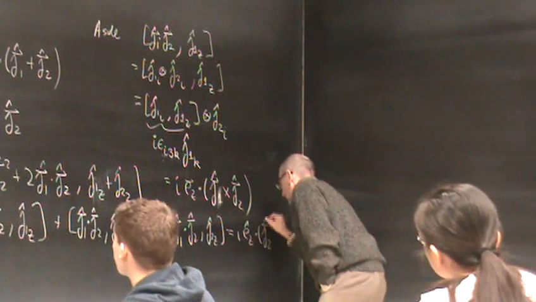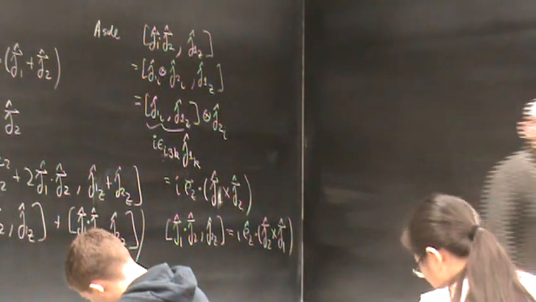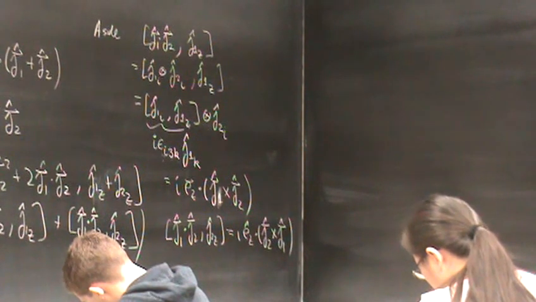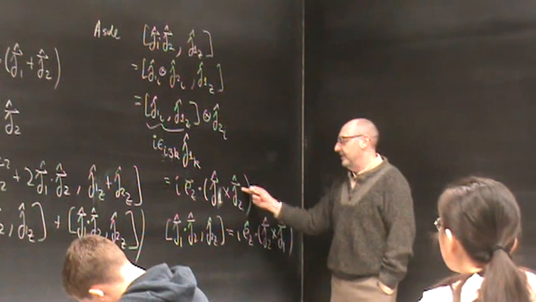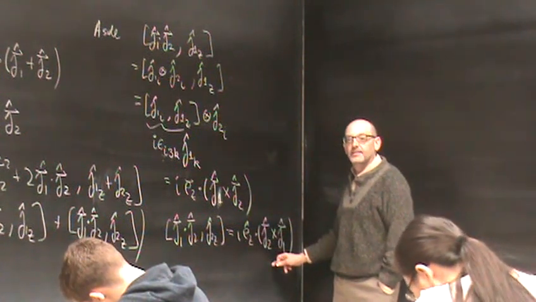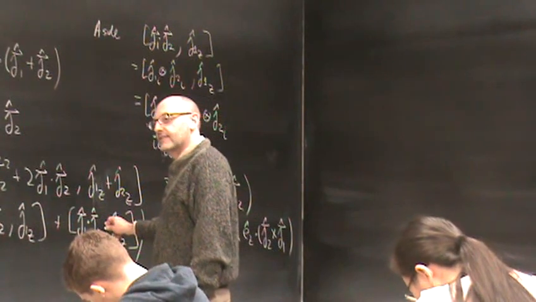This is J2 cross J1. But the cross product is antisymmetric. This is minus that. Thus, this is minus this. Thus, this is 0, as expected.